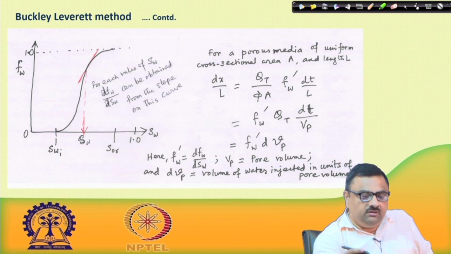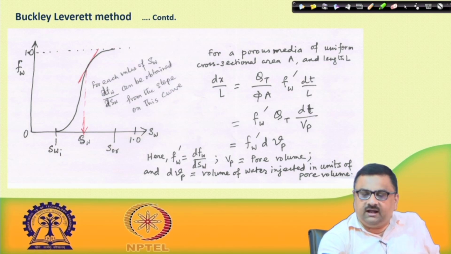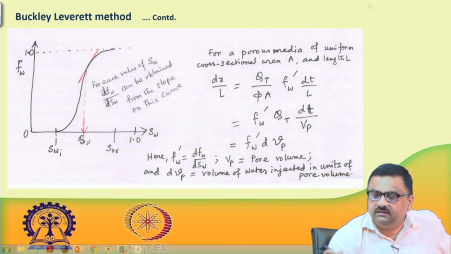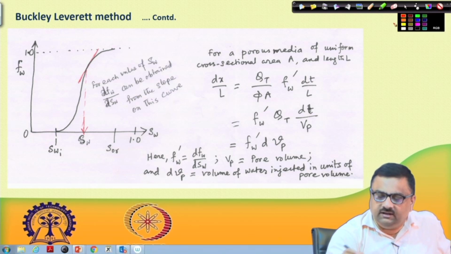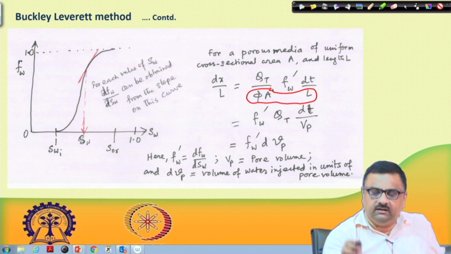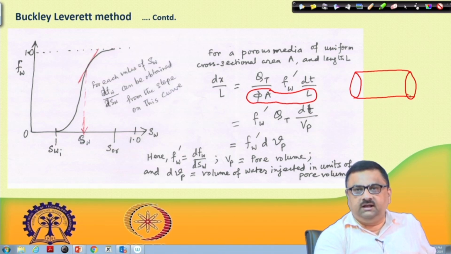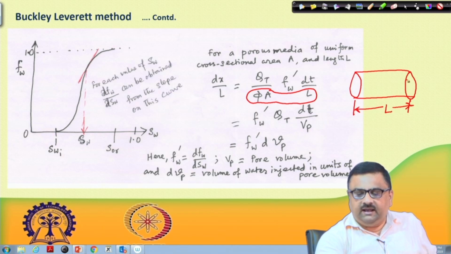Now let us see this qt divided by phi A. Let us say we club this part together, phi, A and L. L is the length of the core, the porous plug on which we are doing this exercise, and A is the cross sectional area.